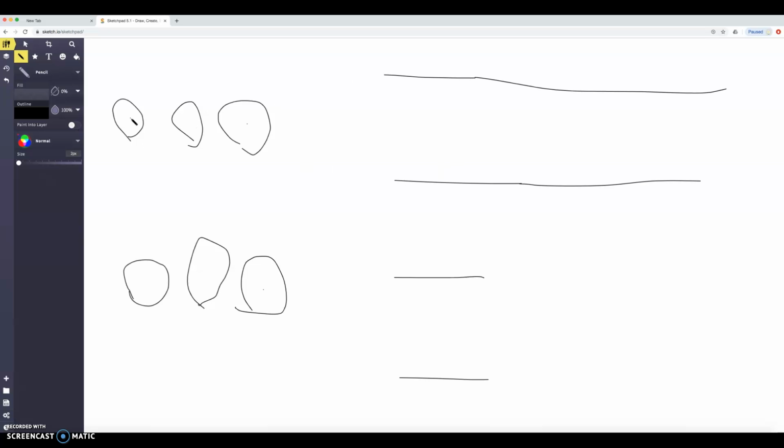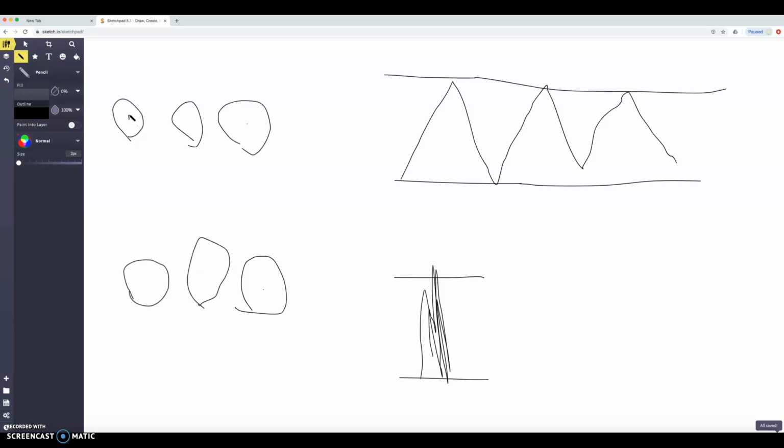So that means the diagonal one is this, vertical is like this, and meaning the diagonal speed would be slower than the other.